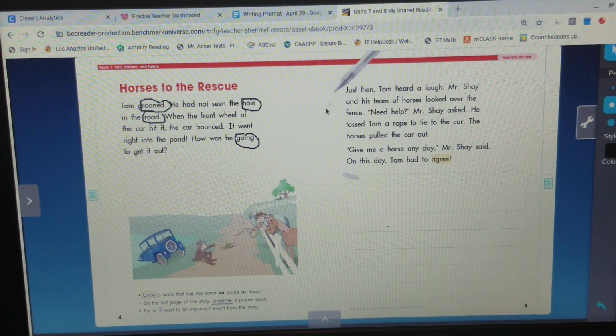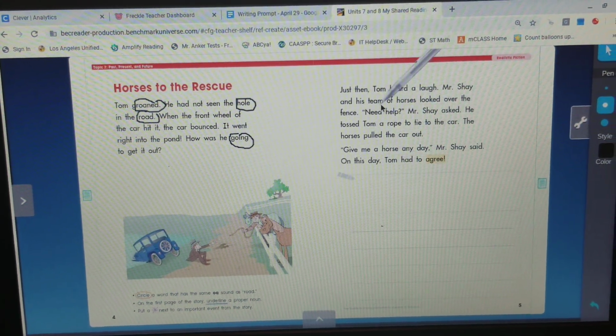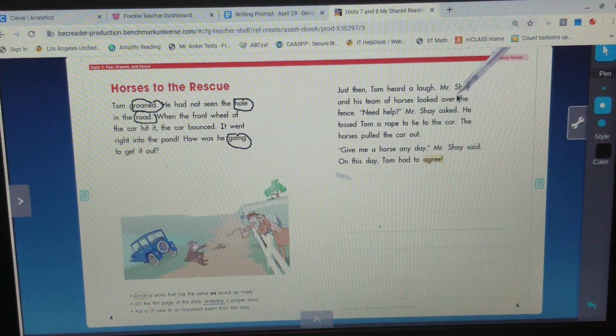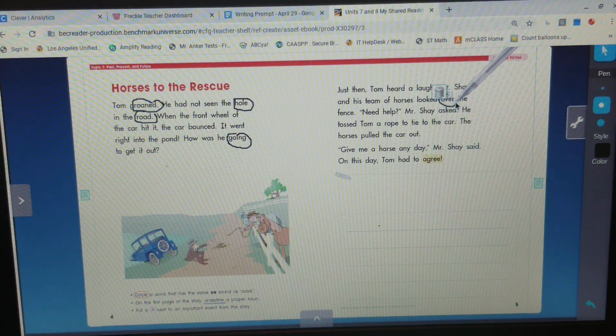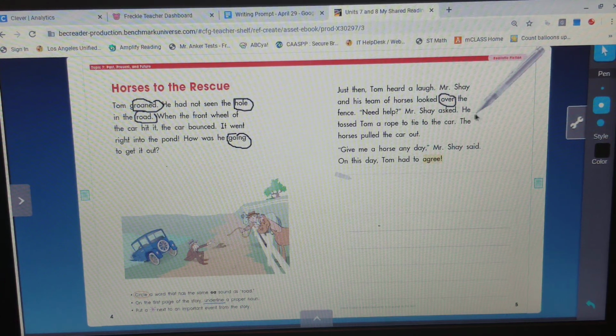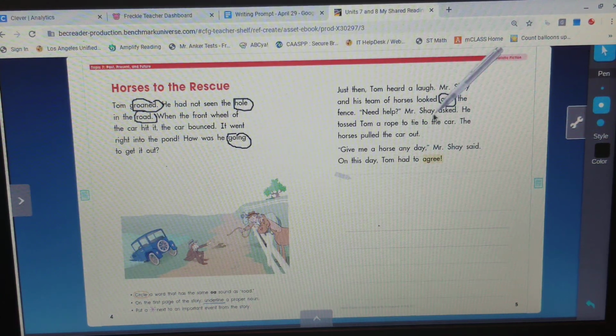All right, let's try the next page. Anything over here? O, over. Yes, you're right. Circle over. Okay, good job. O-blank-E in rope.